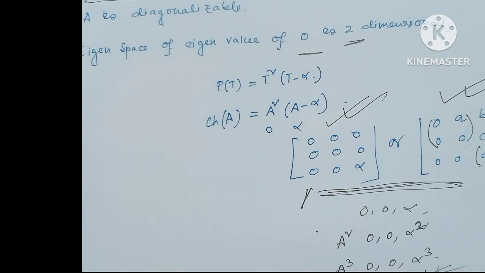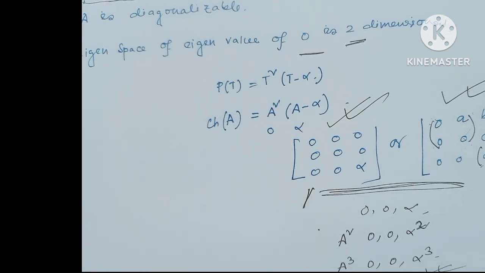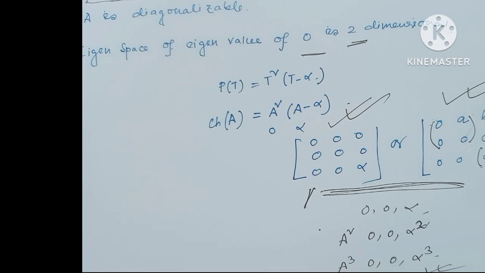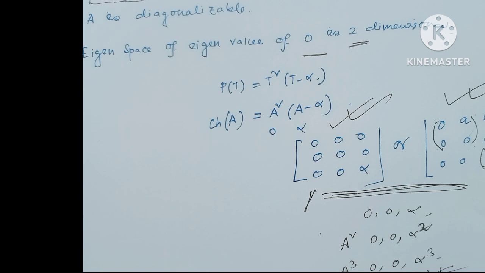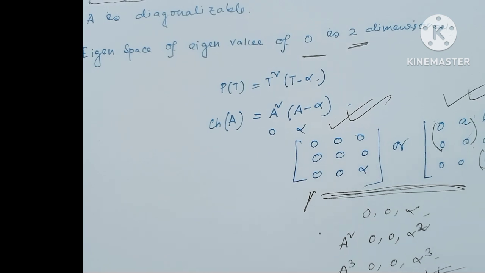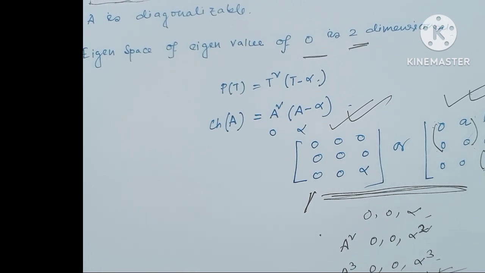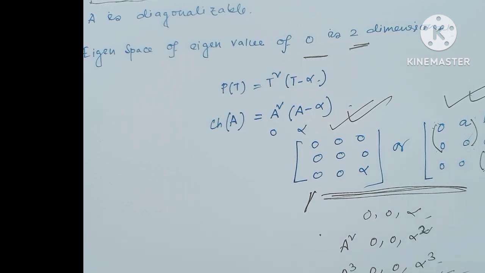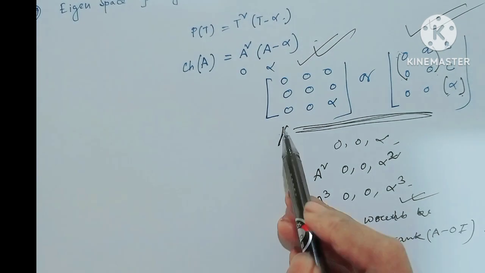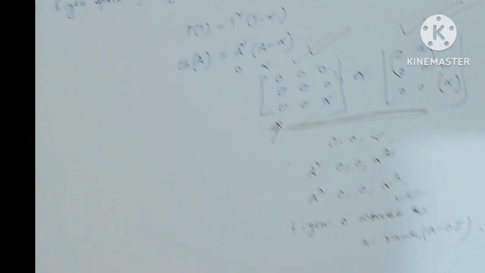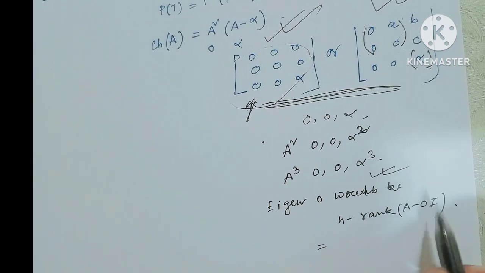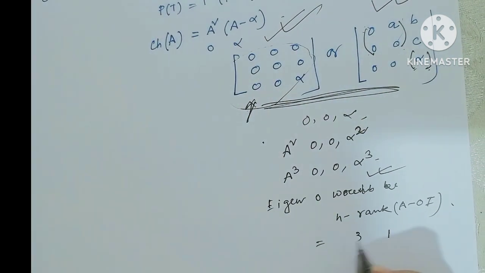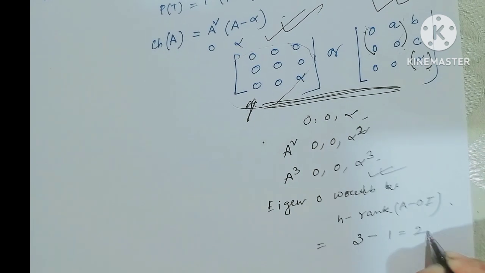We all know the dimension of the eigenspace of 0 would be n minus rank of A minus lambda I. Here lambda is 0, and if you consider only this matrix, the rank of A minus lambda I is 1, so the geometric multiplicity is 3 minus 1, which is 2.